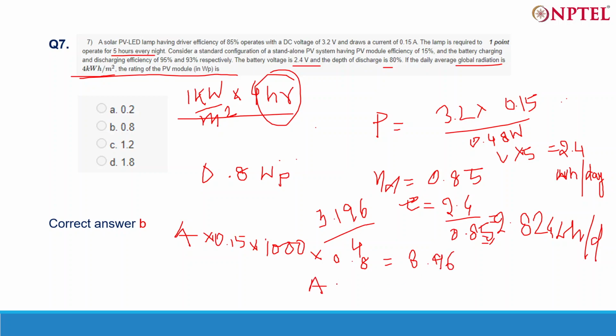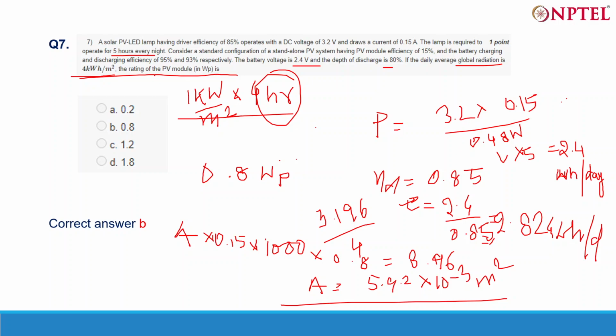So the area will be calculated as 5.92 into 10 to the power minus 3 meter square.